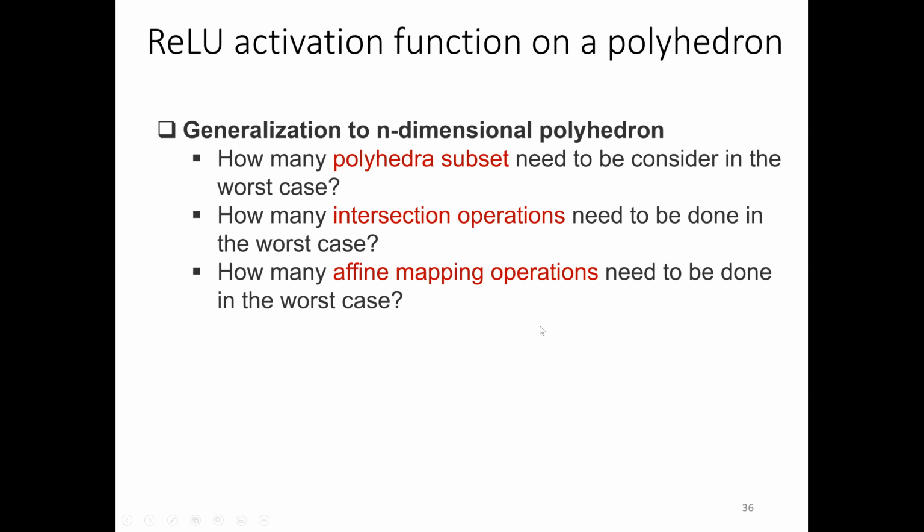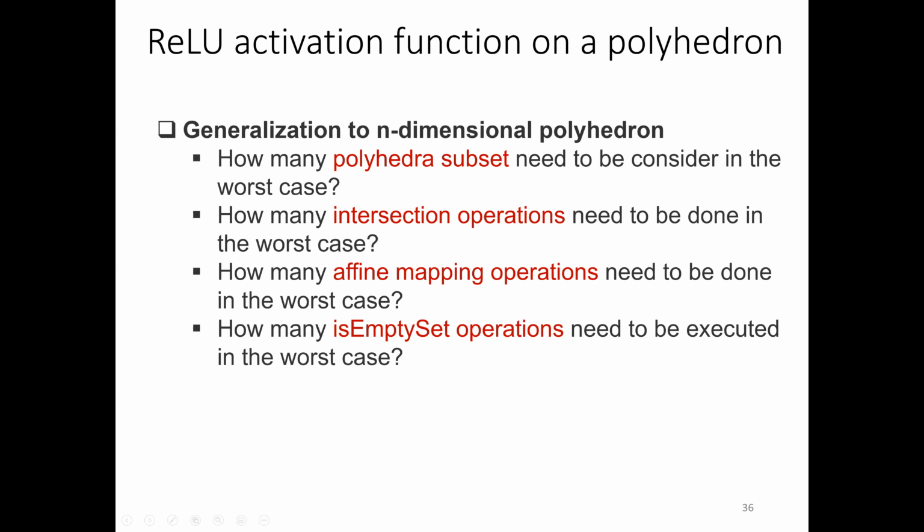And when we do the intersection operation, there is the case that you're going to get an empty set, right? For example, if you have a 2-dimensional polyhedron and you know that x1 is always larger than 0, then the intersection with the space where x1 is smaller than 0 gives you an empty set.